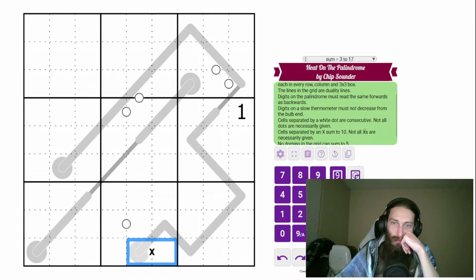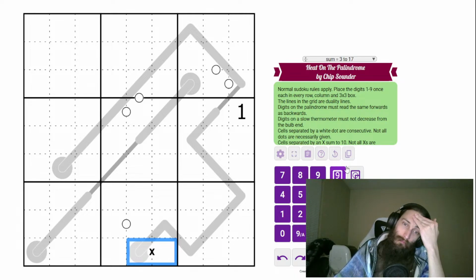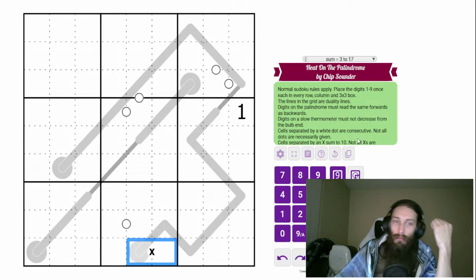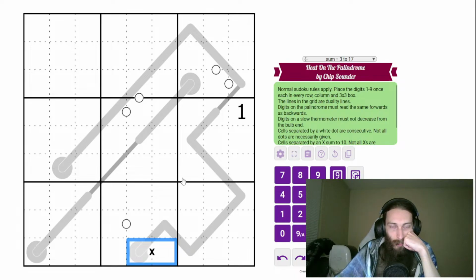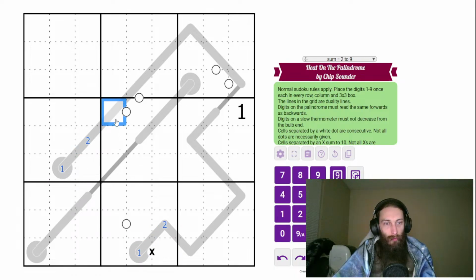we've got one X. But nothing can sum to 5. Okay. 1, 2, 2.